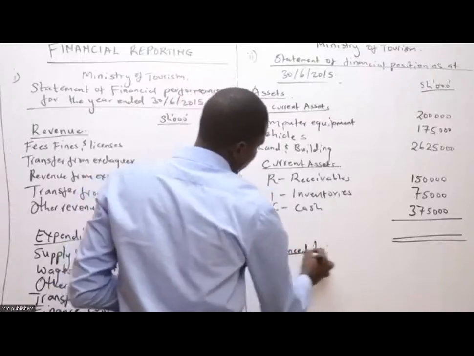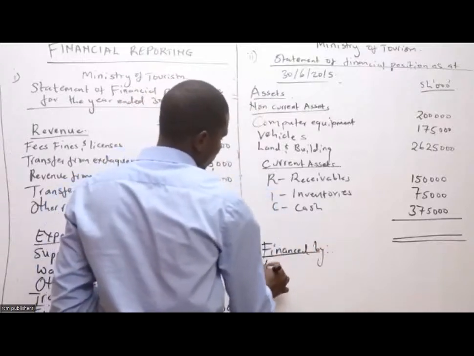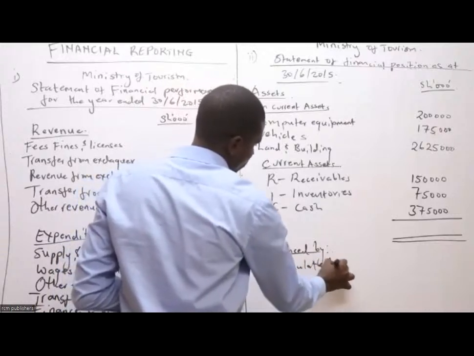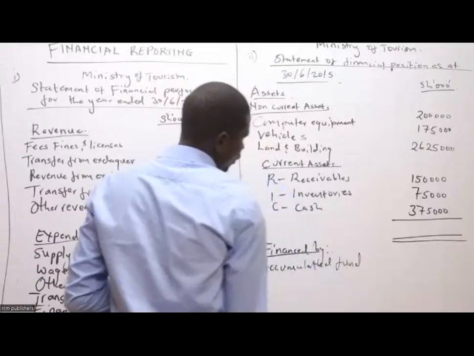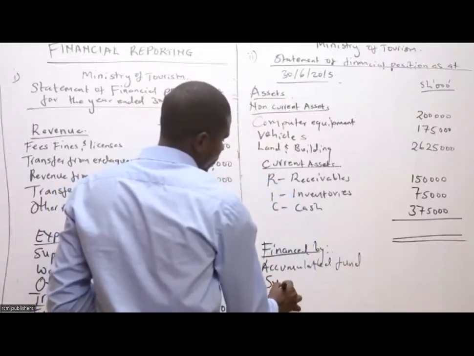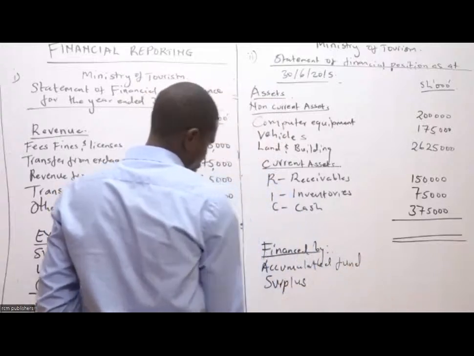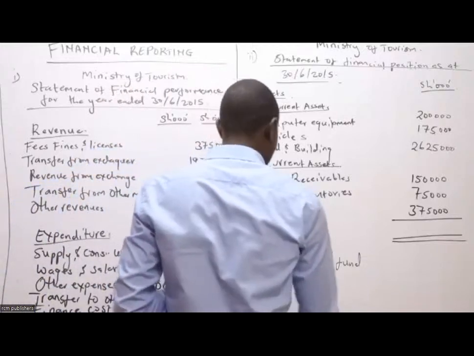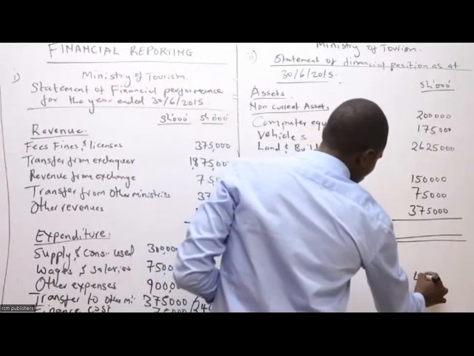We said it is being financed by one item, which is accumulated fund. How much is our accumulated fund? The surplus, of course, from the financial performance is 412,500.